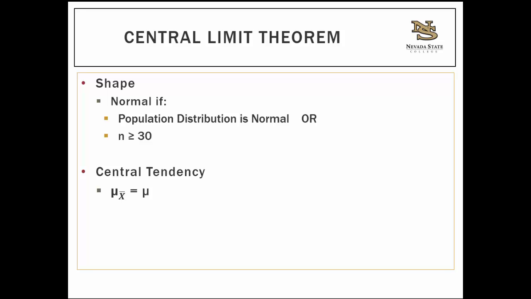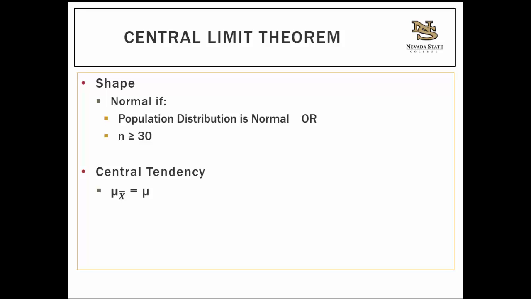So it's wonderful that in most cases we have a normal sampling distribution, because then the unit normal table will be accurate. So if you think about it, we'll always have a normal sampling distribution as long as the population distribution is normal, or no matter what the population distribution looks like, as long as our sample size is 30 or greater, we're going to have a normal shaped sampling distribution.